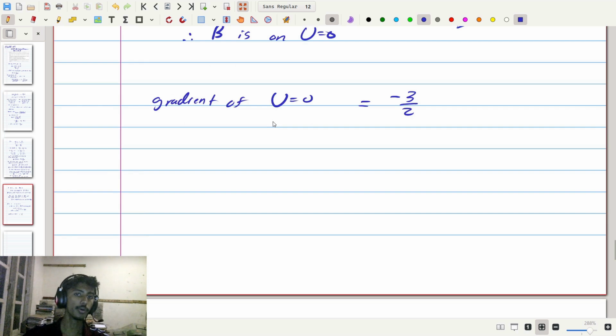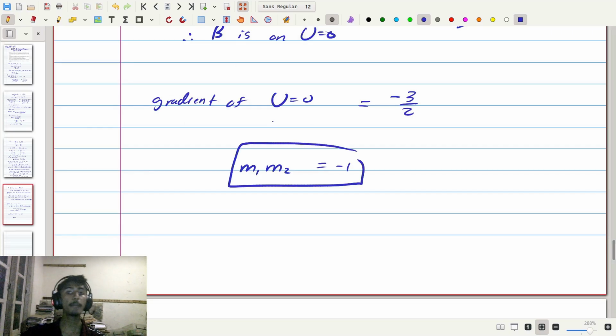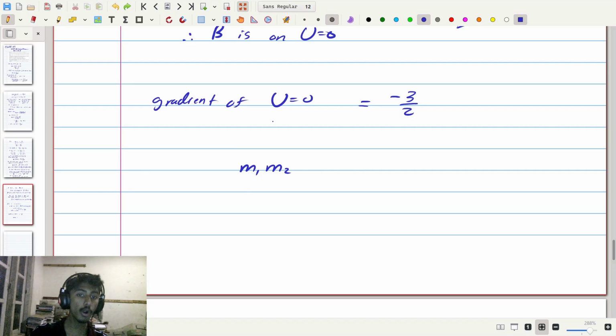Now as we know, when you multiply two gradients together, let's say m1 times m2, and it's equal to negative 1, then the two lines are perpendicular to each other. According to that, if I take this value and the gradient of L and multiply them together, if they are perpendicular, I will get negative 1.